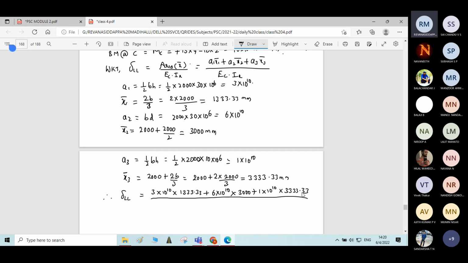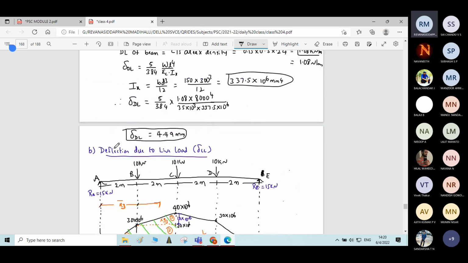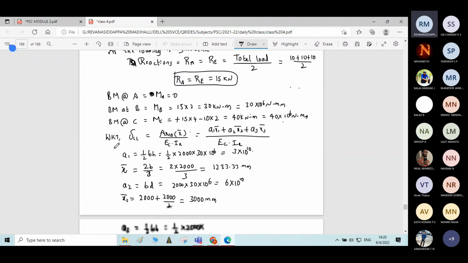Ec is how much? Ec is 35 into 10 power 3 into 337.5 into 10 power 6.